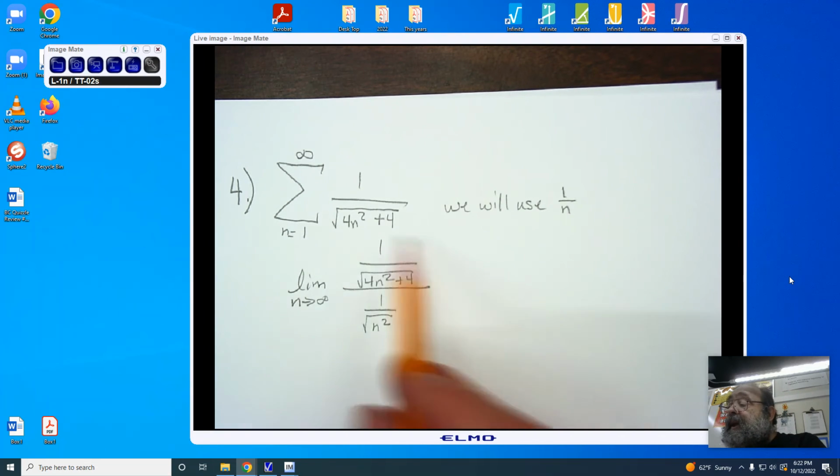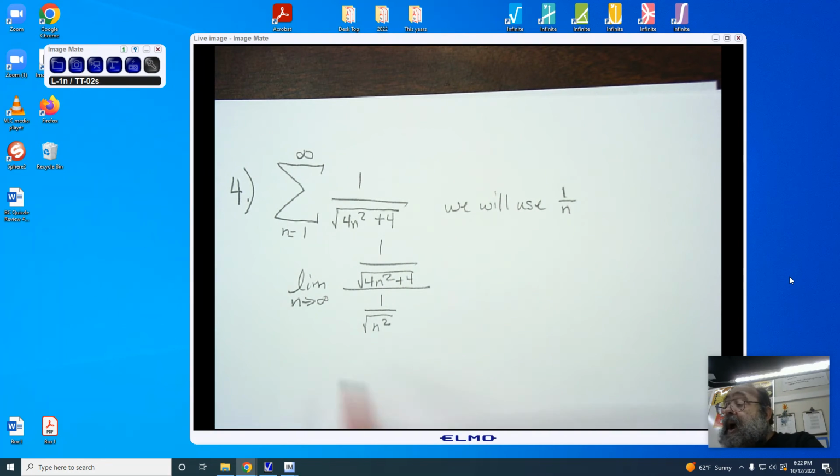I personally like this. Why? Because if I have this, I can now simplify it, and I can now make this the square root of n squared over 4n squared plus 4, which means that I'm looking at the limit as n approaches infinity for n squared over 4n squared plus 4 to the 1/2 power.